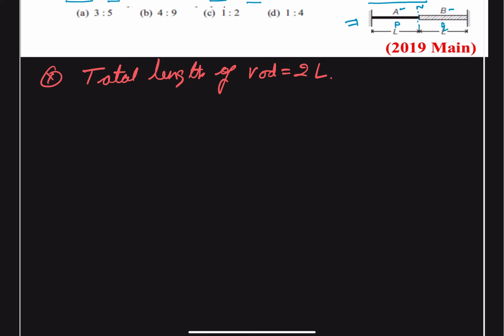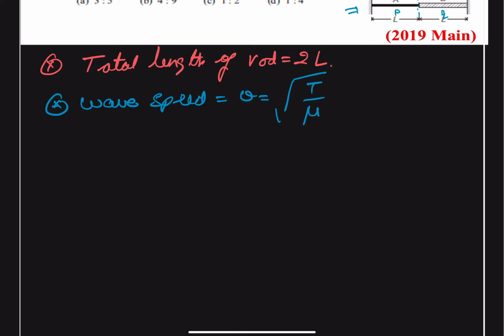And we know that the wave speed V is given as root of T upon mu, where T is the tension and mu is the linear mass density.